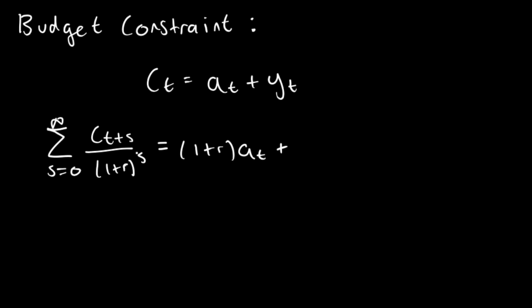So we're going to have to do what we did with consumption, and sum it over our infinitely many periods, from s equals 0 all the way up to infinity, of income in the future, again discounted by the interest rate, and the period that we're in will also have a say in our discount factor. And this is our budget constraint.